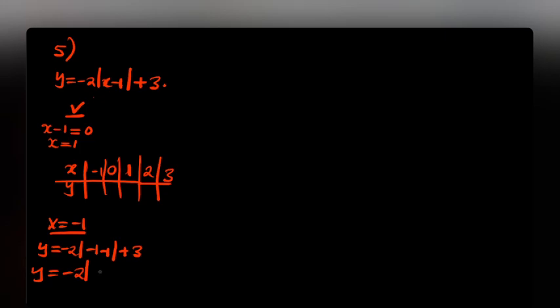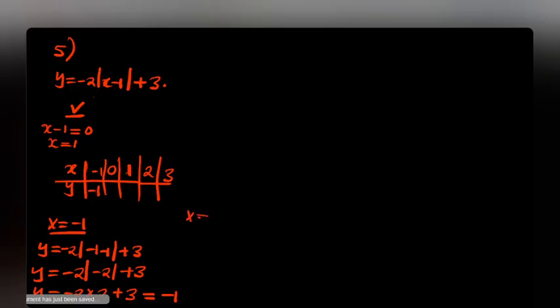The negative 1 minus 1 will give us negative 2, then plus 3. Then the modulus of negative 2, just get the absolute value which is positive 2, then plus 3. So now this will give us negative 4 plus 3. This will give us negative 1. Again, where there's x, we need to substitute with a 0.